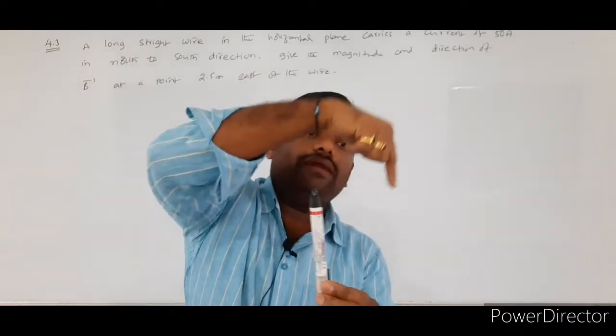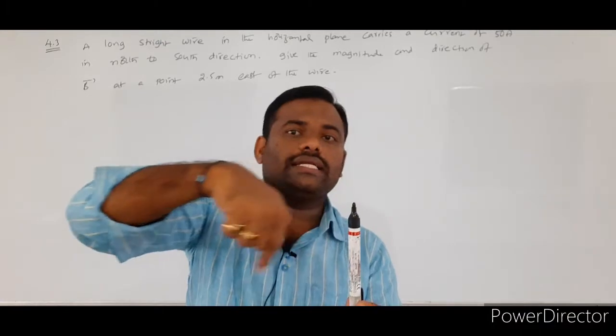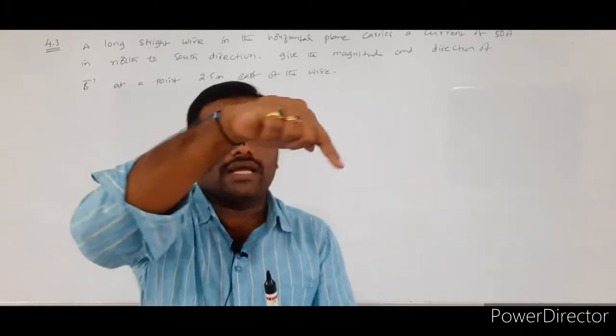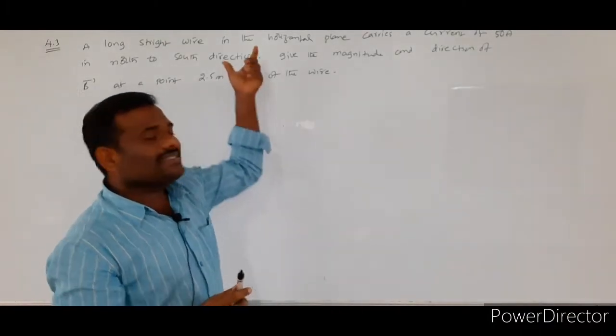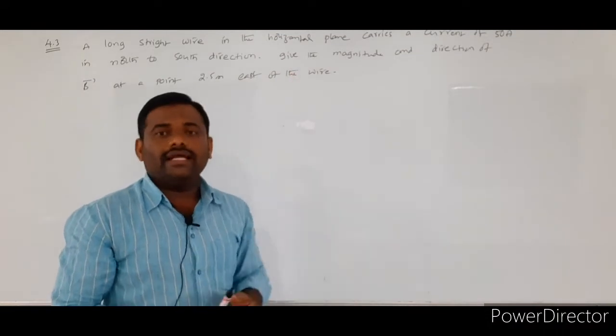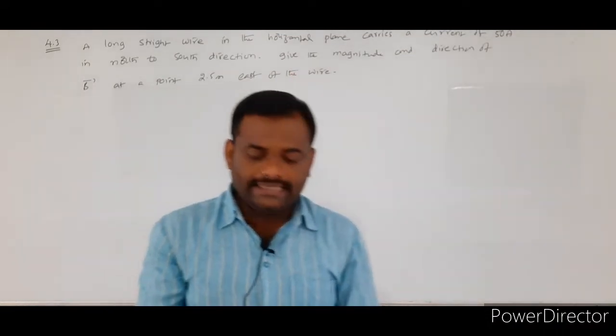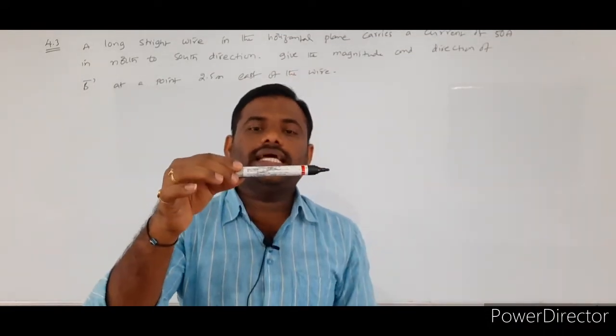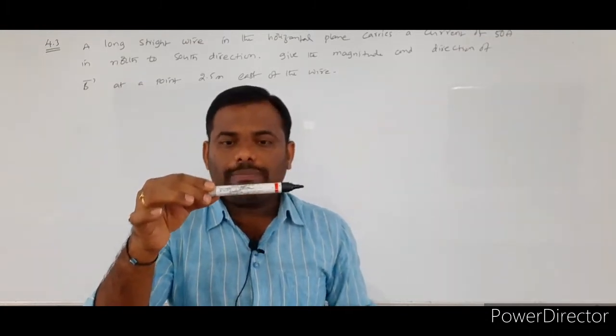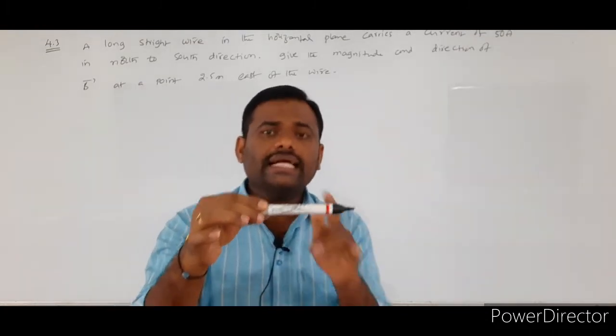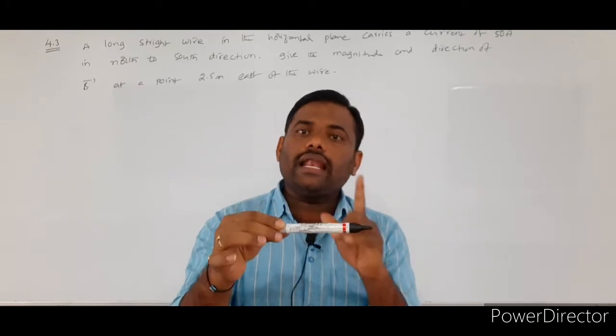The field will be developed around the current carrying conductor in the form of concentric circular loops. Now, the straight conductor they assumed here will be placed in the horizontal plane. How will the current carrying conductor be placed in this case? It will be placed in the horizontal plane.